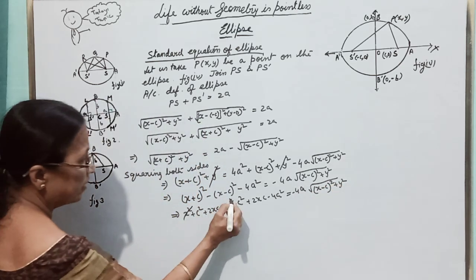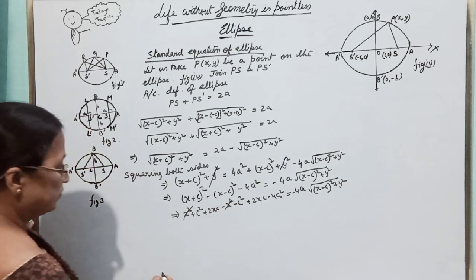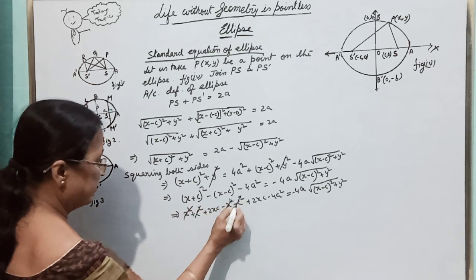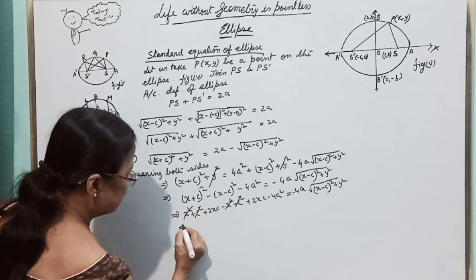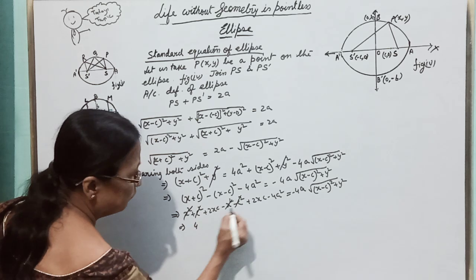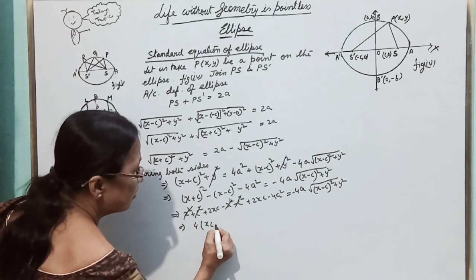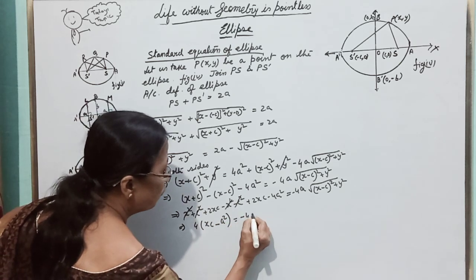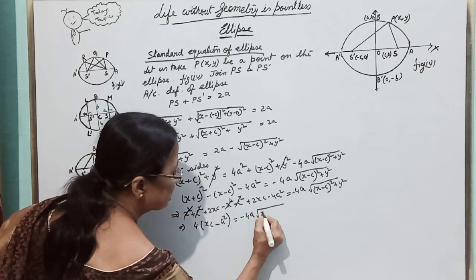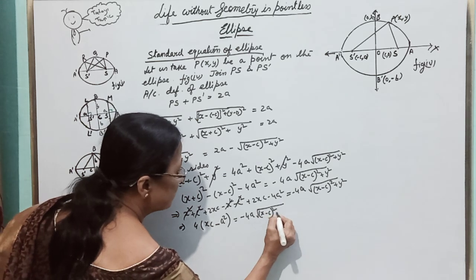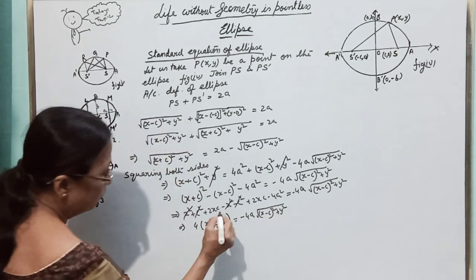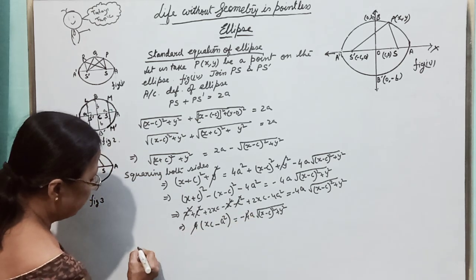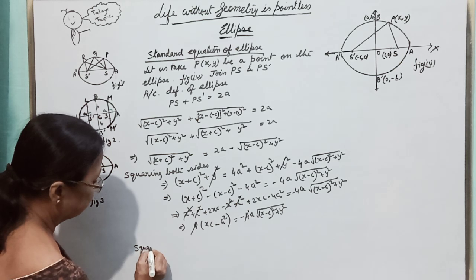So x square cancels, and c square minus c square cancels. So this is 4, take common 4, xc minus a square, equal to minus 4a under root x minus c whole square plus y square. Now 4 you can cancel. Squaring both sides again.